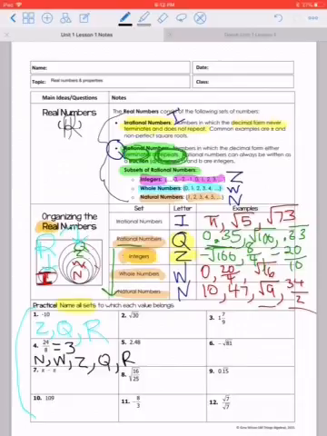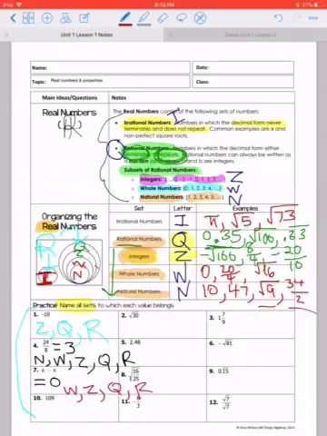Alright, let's look at 7. So pi minus pi is 0. Okay, that is not a natural number, so it's not the same as 4. The smallest set that includes 0 is whole numbers. So that's going to be whole, and then if you're whole, you're an integer. If you're an integer, you're rational. If you're rational, you're real.